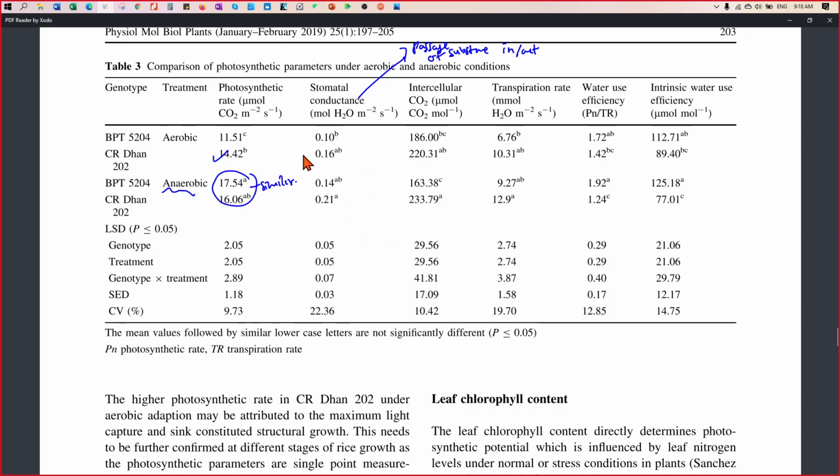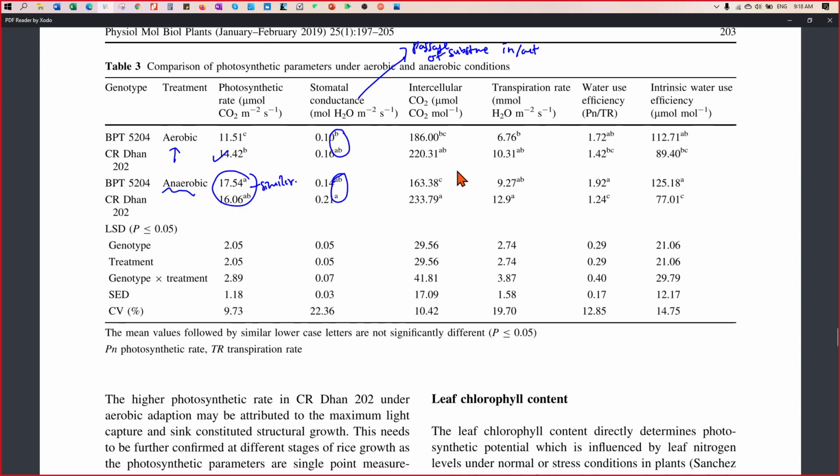Under aerobic condition, they are not that different, and the same for anaerobic condition. So the stomata is not something that is greatly affected by growing in either aerobic or anaerobic condition.